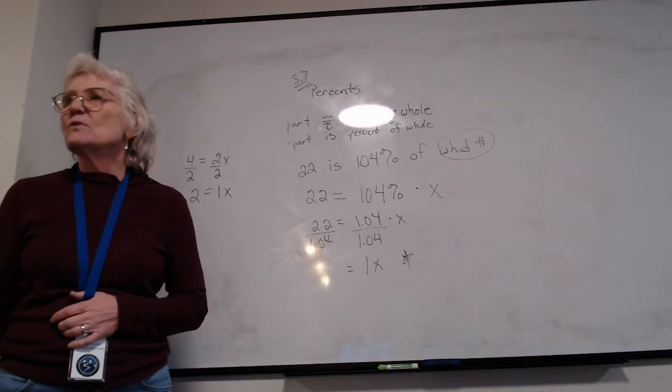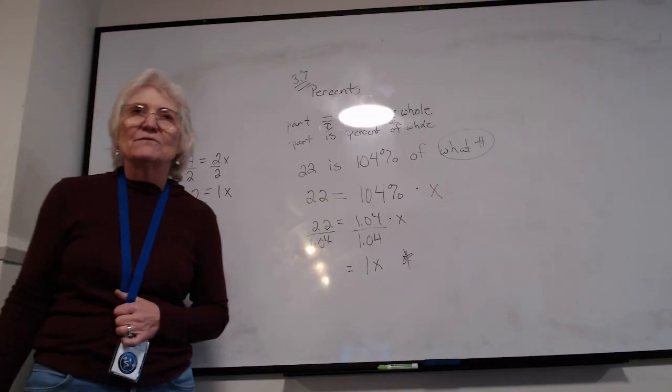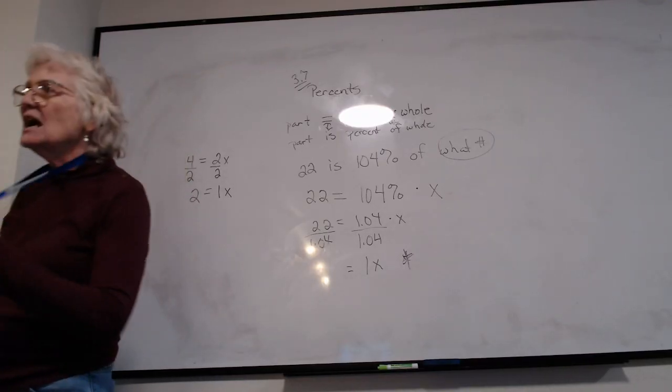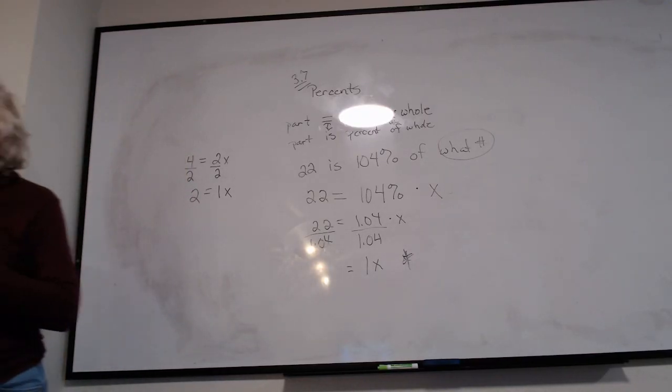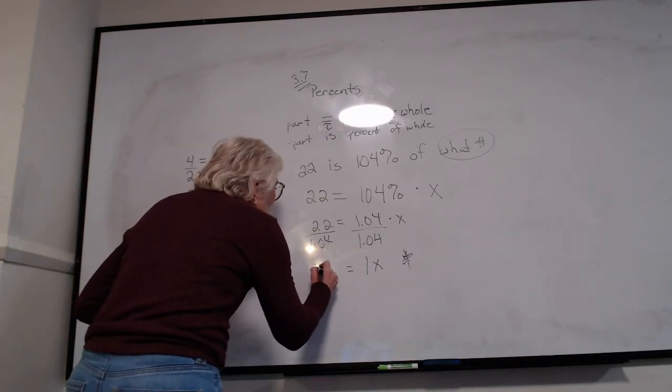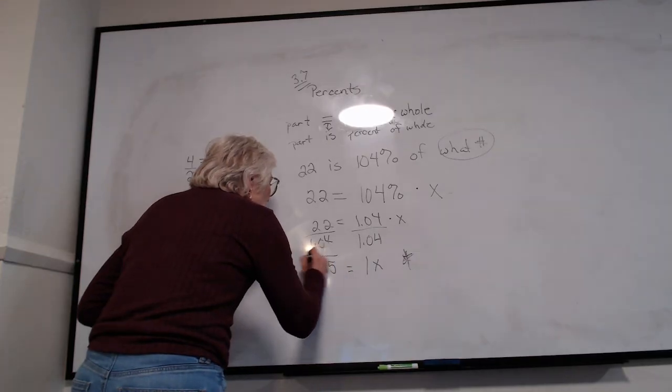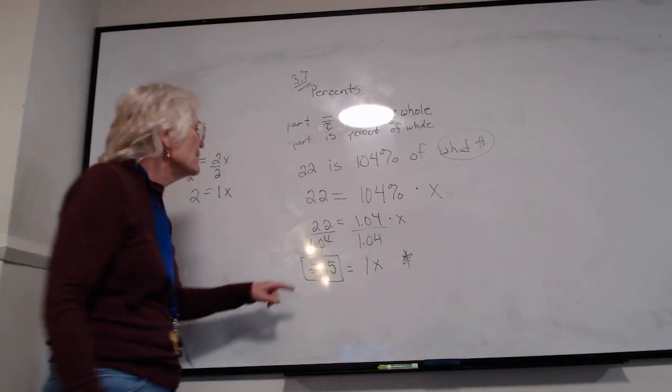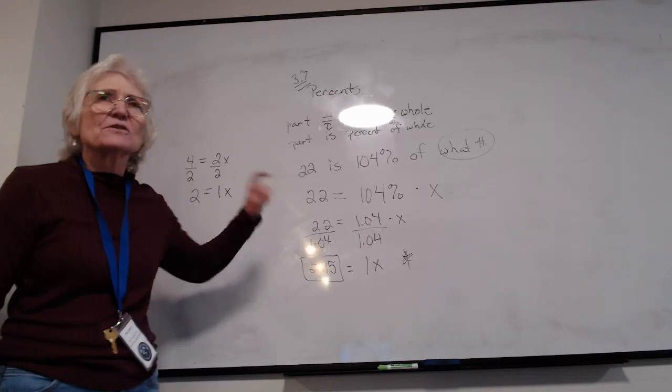So what is 22 divided by 1.04? It would be 21.15, you can round it. Does that seem weird that our answer is smaller than 22?